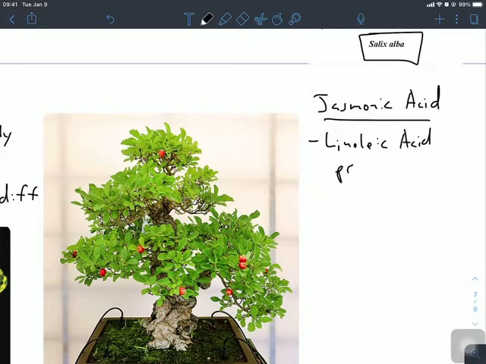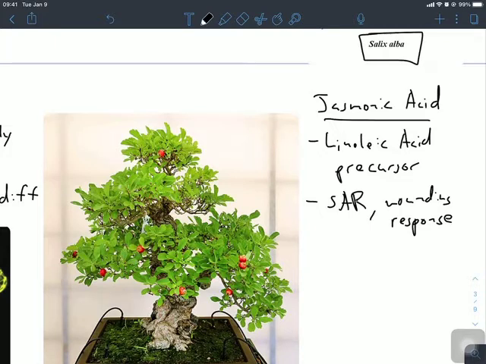Which you may be familiar with the texture of linoleic acid because it is used in producing linoleum, which derives from linseeds, a plant. And jasmonic acid is again involved in systemic acquired resistance, but also in wounding response for the plant.